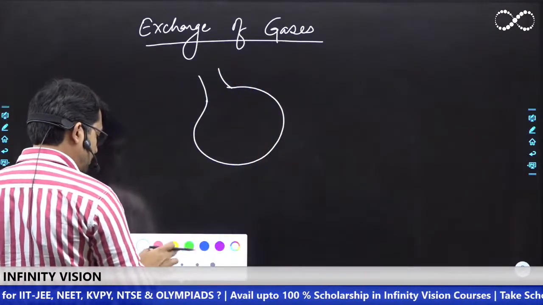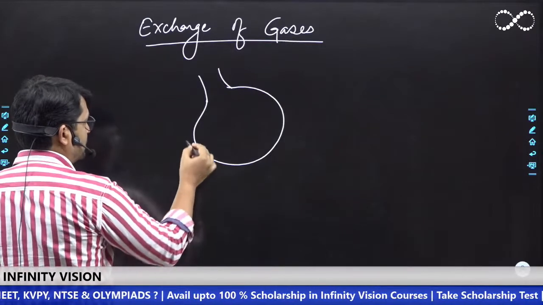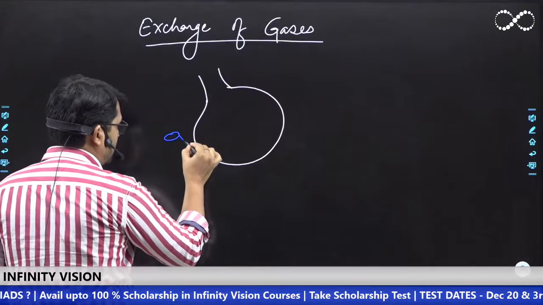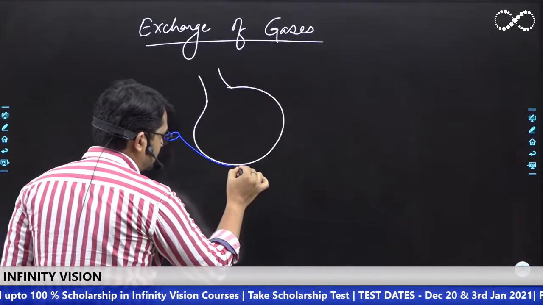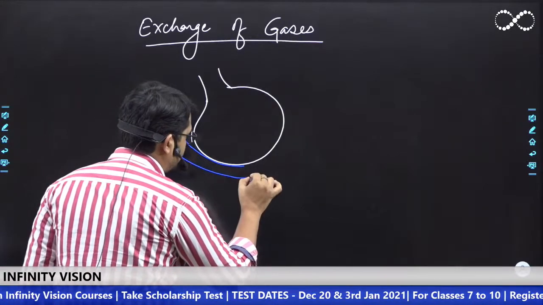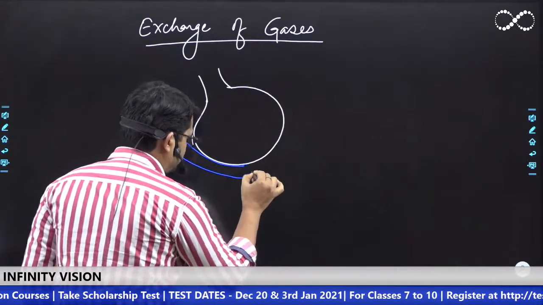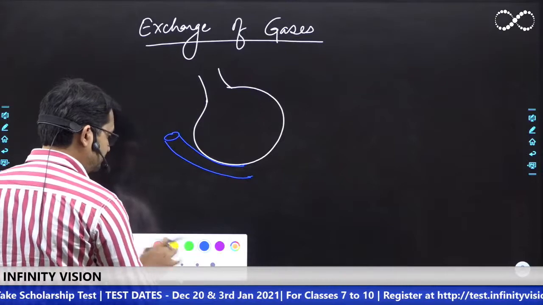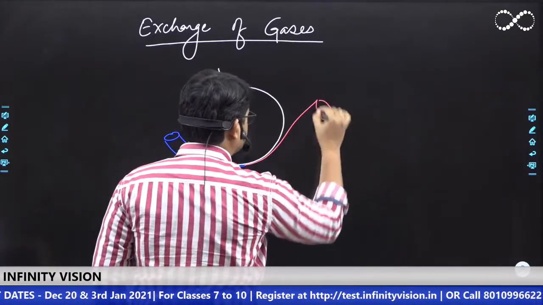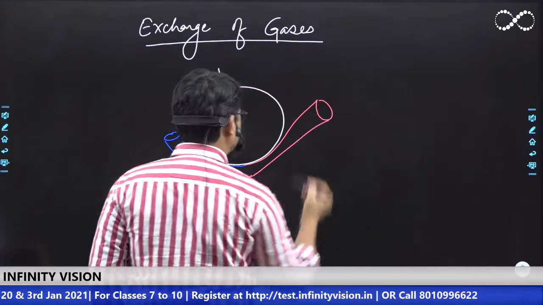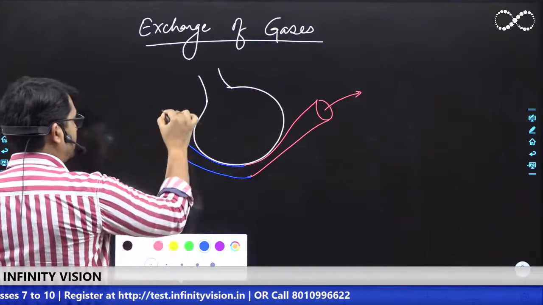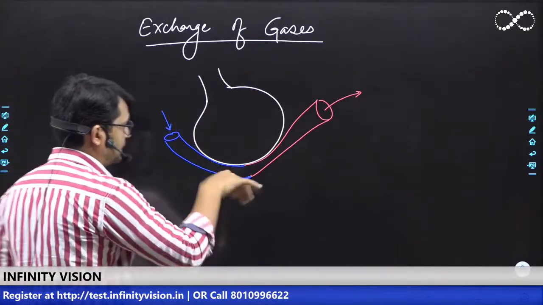What happens around the alveoli, there is a capillary network, okay? So instead of all, I am just making one blood vessel here, okay? Consider it as a capillary. Okay, this is how blood gets in.